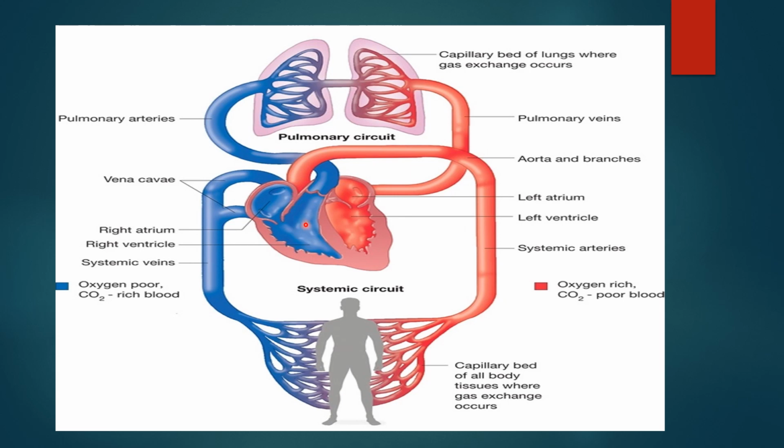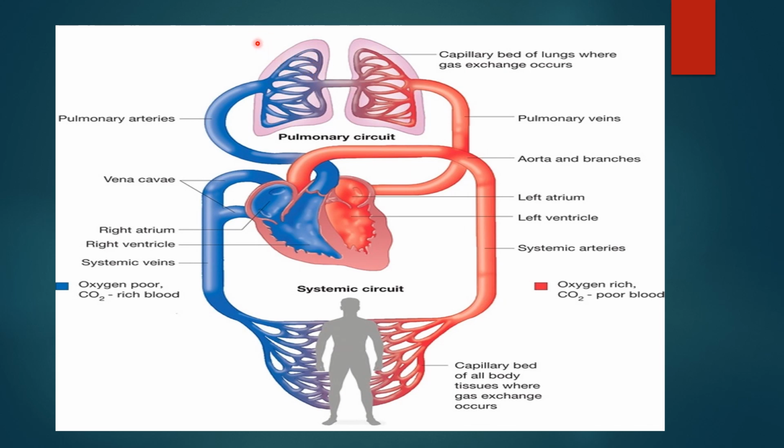So the deoxygenated blood from the body comes to the heart with the help of veins. Here, the heart sends this deoxygenated blood to the lungs with the help of pulmonary arteries. Lungs now take out the carbon dioxide from here and throw it out by exhaling.